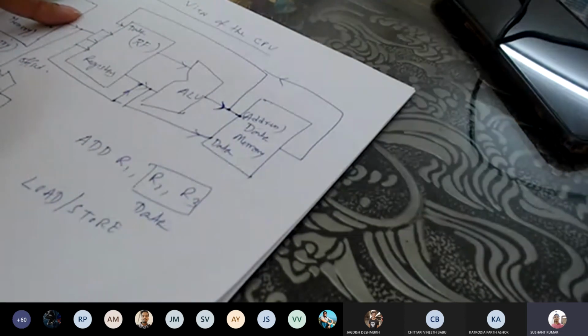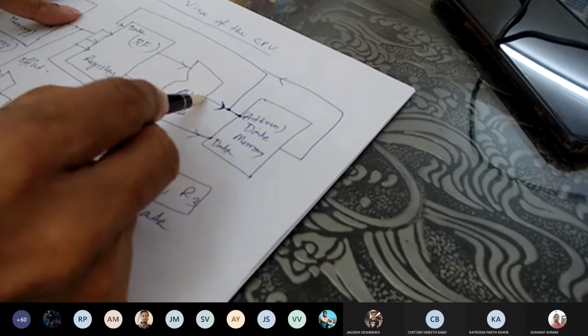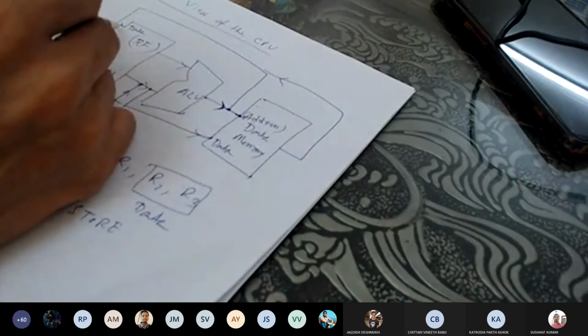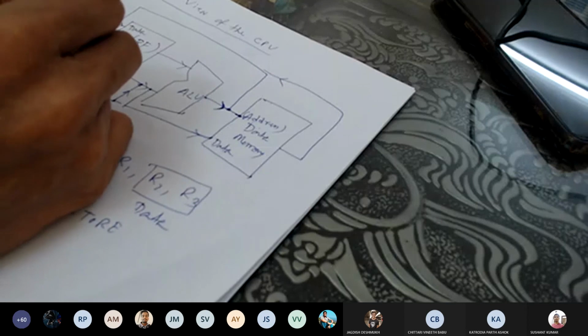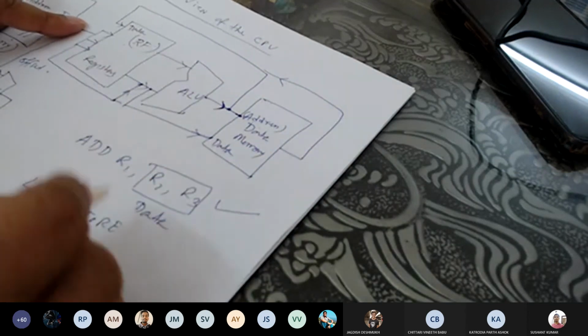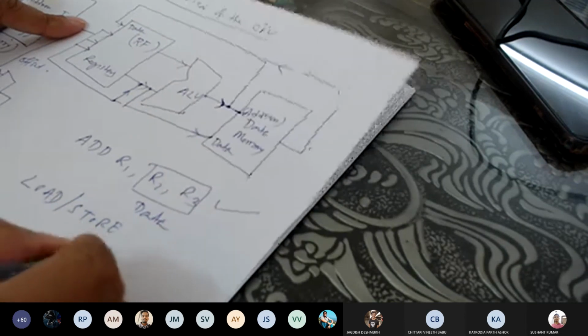Got it? Okay, sir. So that's why the output of ALU can be an address as well as data going to the register file. When it is load or store, then it is an address.